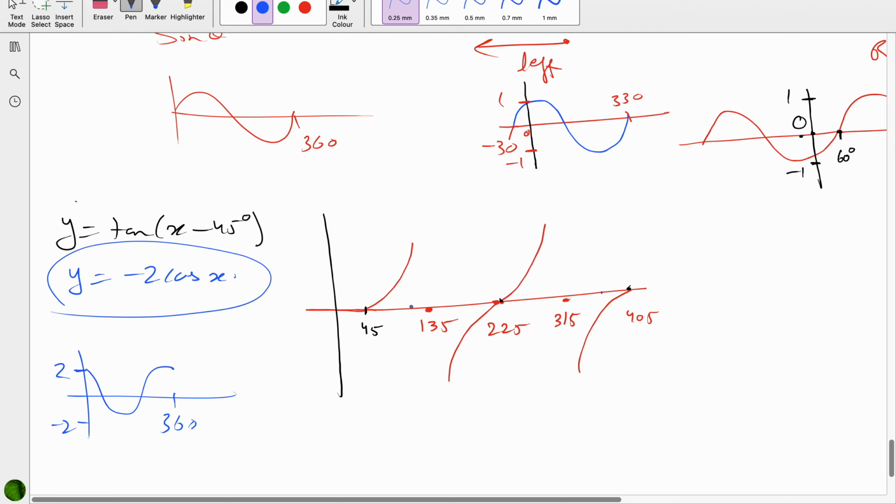So we just use this line. This is 2, this is minus 2, and right here somewhere we had 360, and on the opposite side this was the point which is 180.